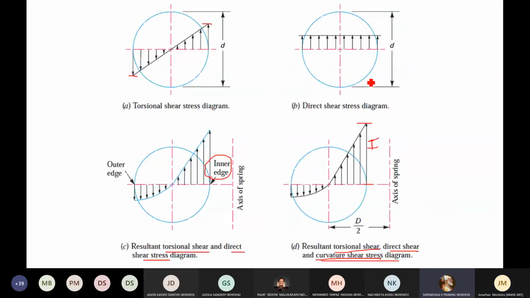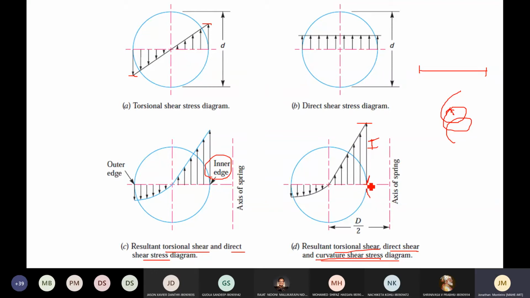Hold on. The inner edge is higher because, see, this is the axis of the spring. As I told you, you have a large wire which you are forcing to coil. When you force it to coil, the radius of curvature is the least at the inner edge rather than the outer edge. Got it? The radius of curvature at this surface will be the least.